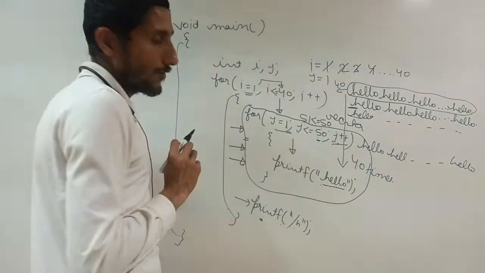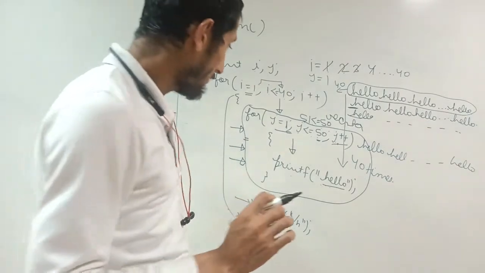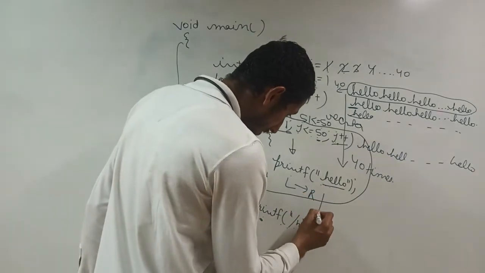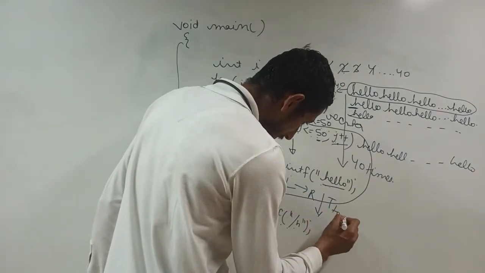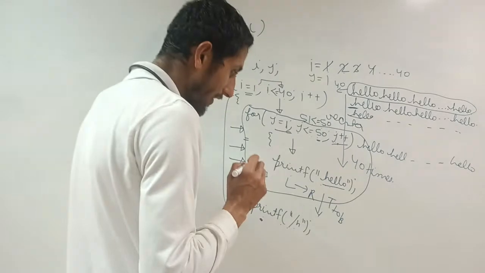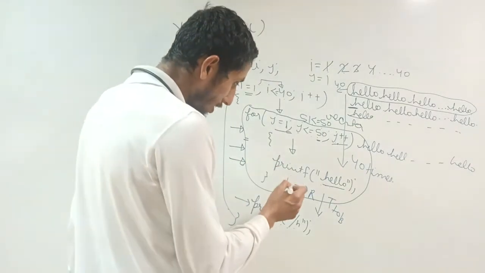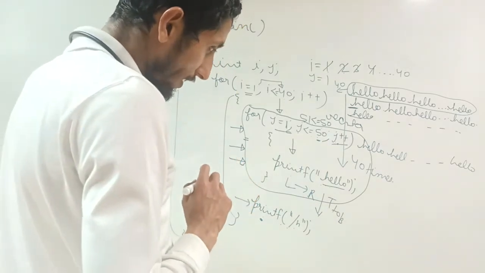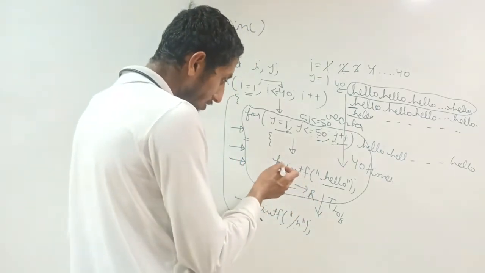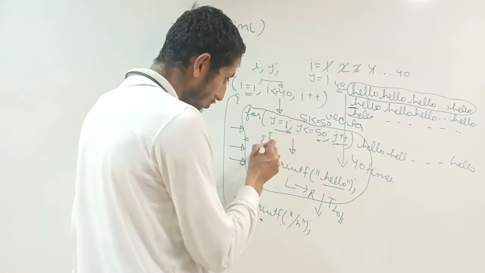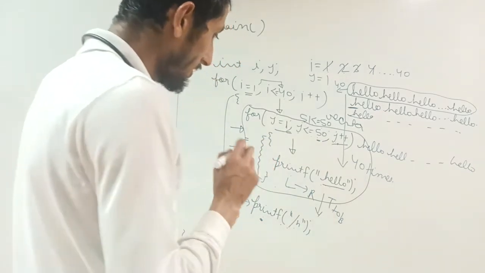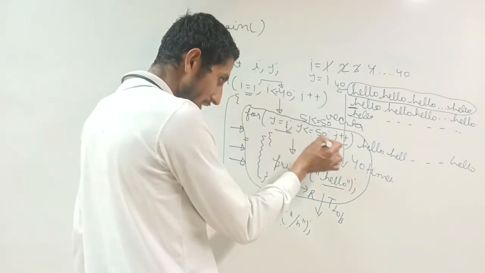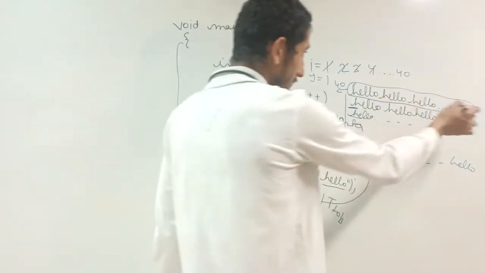So in this program, what we have seen is that if we have to print left to right and top to bottom, first of all we apply a loop from left to right. Whenever we print something from left to right, there is no need to put slash n. So in this code we don't put slash n; we just apply a loop from 1 to 50 and print hello 50 times.